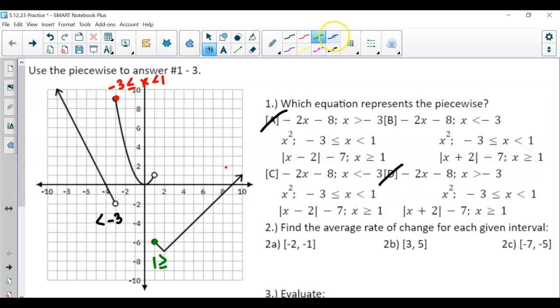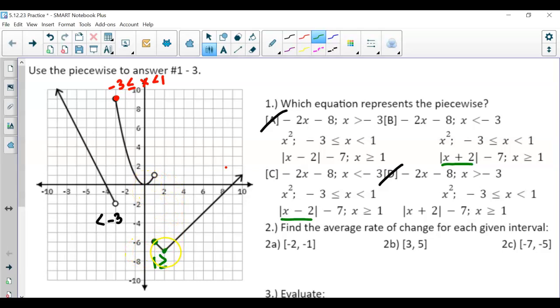Now notice the differences with this third piece, the absolute value. Either we have x plus 2 or x minus 2. If you recall with absolute value, inside was your left and right, the outside was the up and down. Notice, for example, how they're both at -7. Well, this got shifted down 7 units.